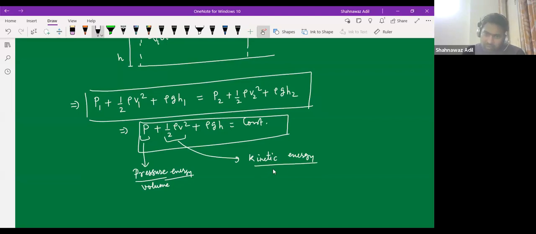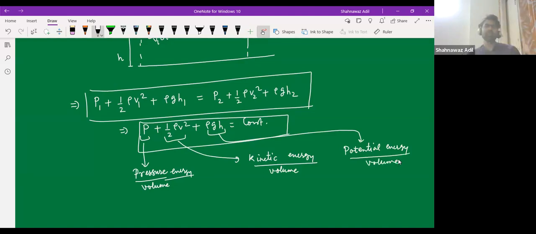And then this thing, what was this? This was potential energy per unit volume. So this relation states that the total energy is a constant in the motion of the fluid.